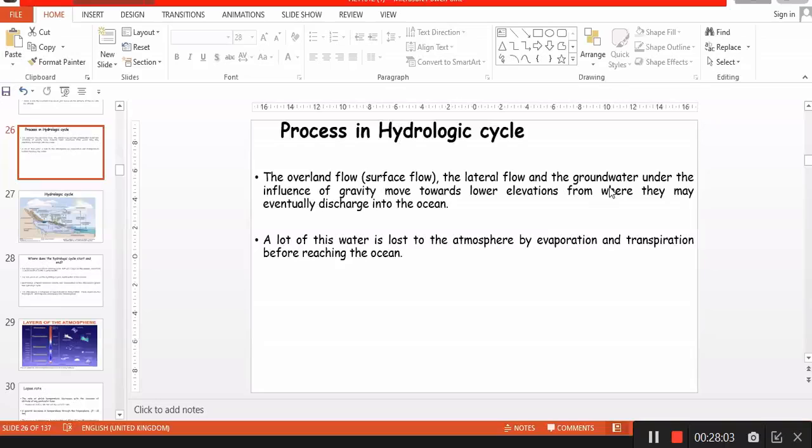Okay. Abhishan, what is the difference between saline water and brackish water? So what is saline water? You don't know that? No, sir.